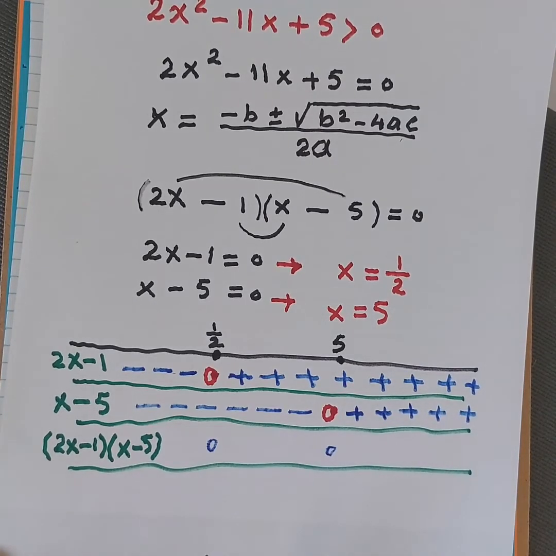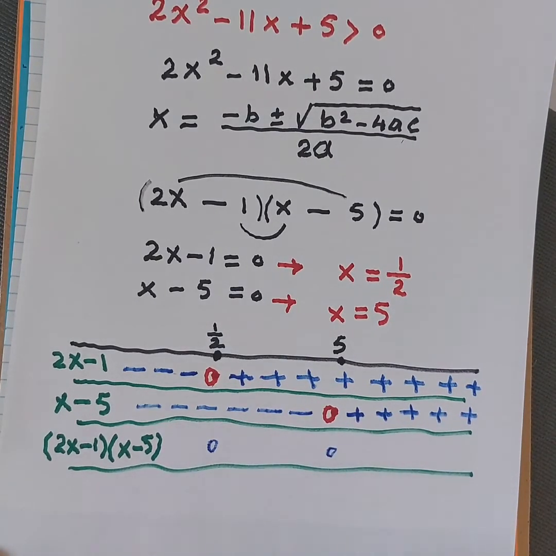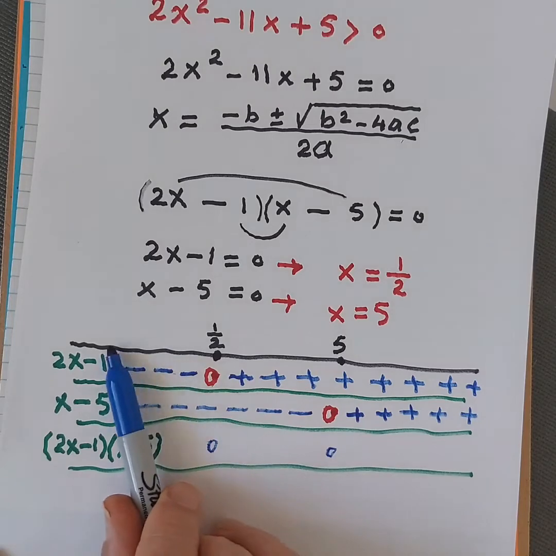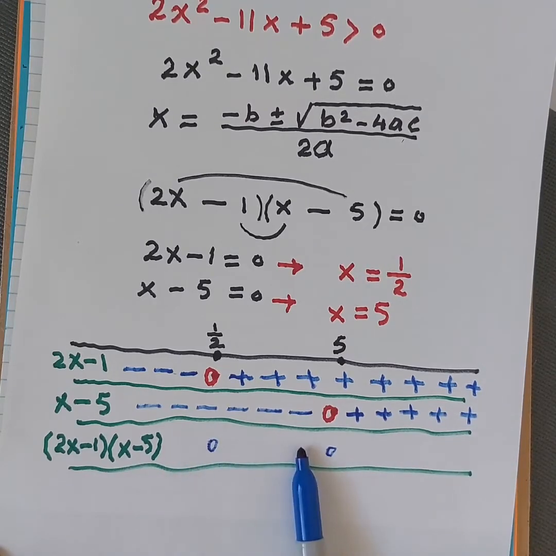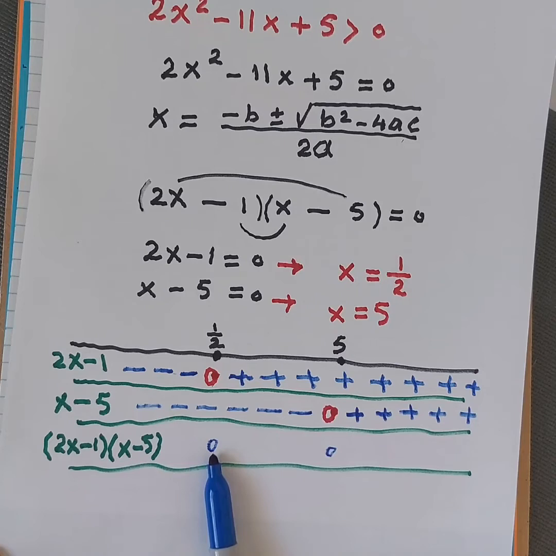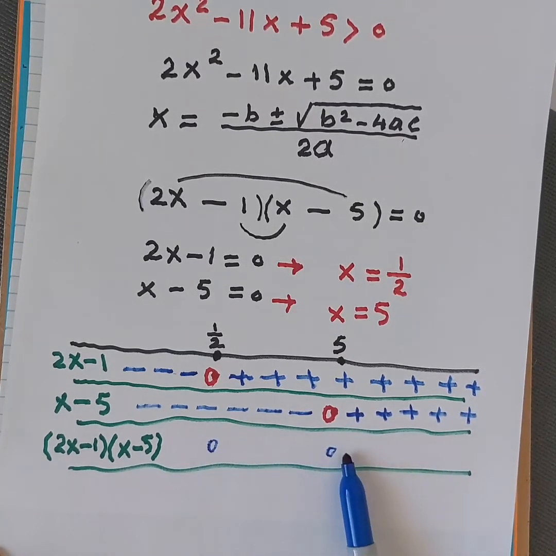Now we found the real number line for this. There are three intervals. This interval, which ends at this point, this interval between these 2 points, and this interval after this point.